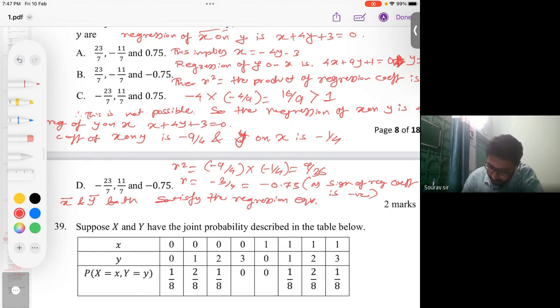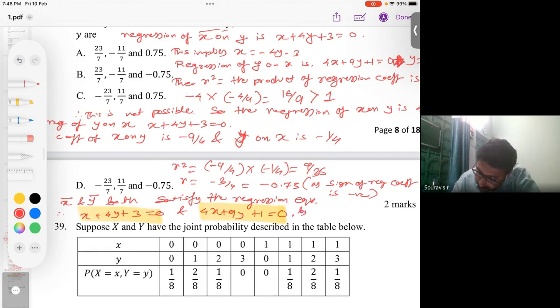Therefore, by solving x plus 4y plus 3 is equal to 0 and 4x plus 9y plus 1 equal to 0, we will find that x bar is equal to 23/7 and y bar is equal to -11/7.